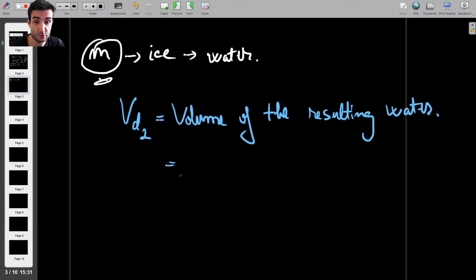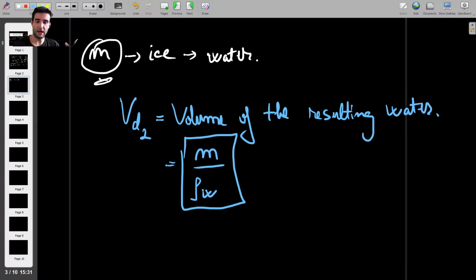And what's the volume of the resulting water? Well, it's the mass of the water, which is the same as the mass of the ice, over the density of the water. So it's this. So after the ice melts, the amount of displaced volume, which is the volume of the melted ice, is m over rho W. And that's the displaced volume in the second scenario.